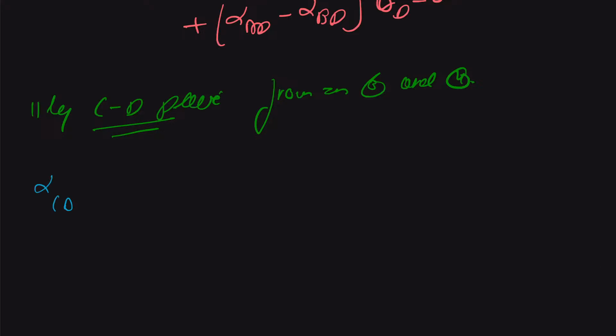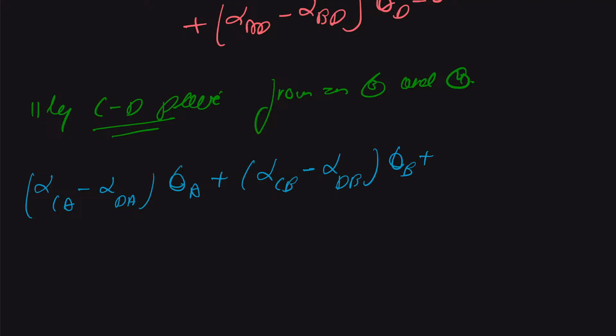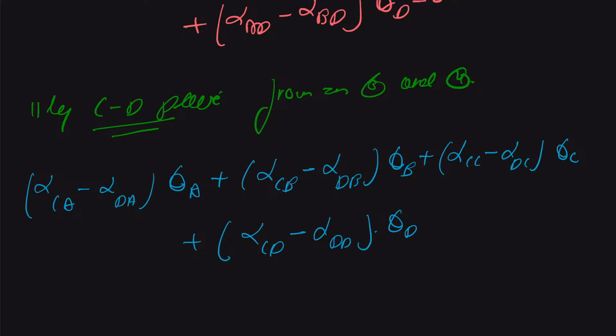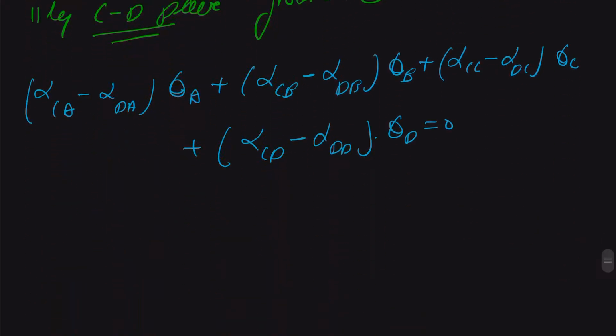We get alpha CA minus alpha DA times QA, plus alpha CB minus alpha DB times QB, plus alpha CC minus alpha DC times QC, plus alpha CD minus alpha DD times QD, is equal to 0.